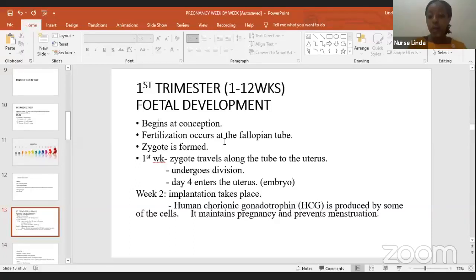And in this 2nd week, we have HCG being produced by the outer cells of the embryo. Now we have said there was division of cells, and now we have the inner cells and the cells that are covering the embryo. So the cells that are on the outside part are the ones that are producing this hormone HCG. And this hormone is the one that is responsible for maintaining the pregnancy, and it will prevent menstruation.